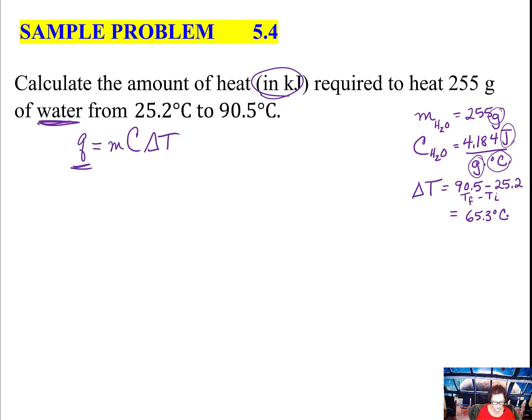That will be in joules. If I want kilojoules, remember, whatever it's asking for is what you're supposed to give, so I'm going to do that final conversion.